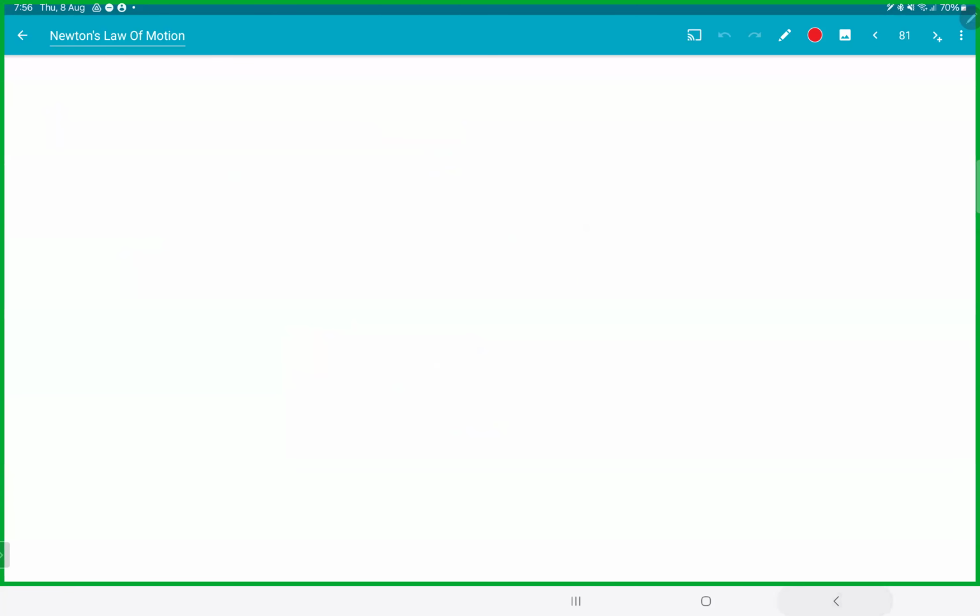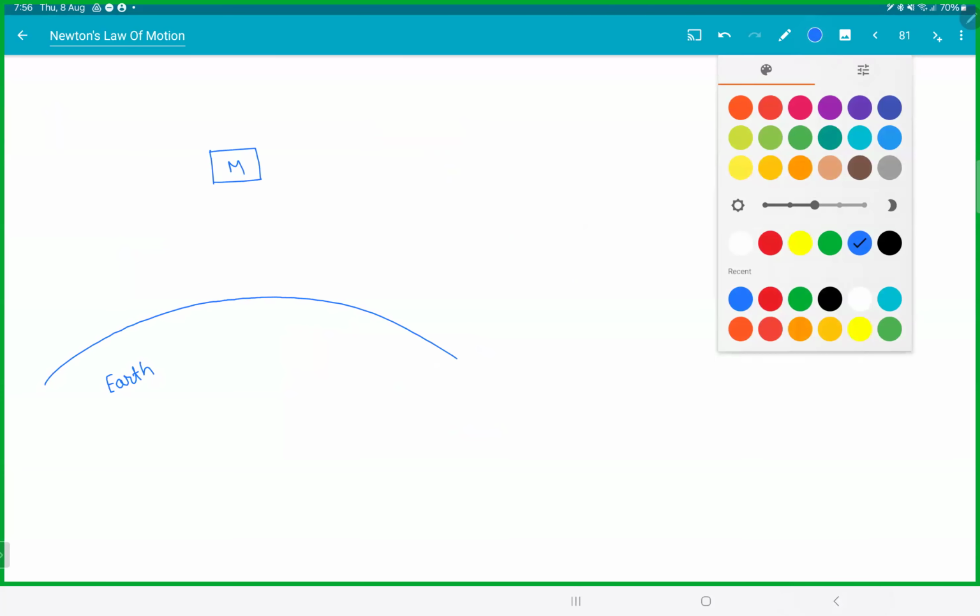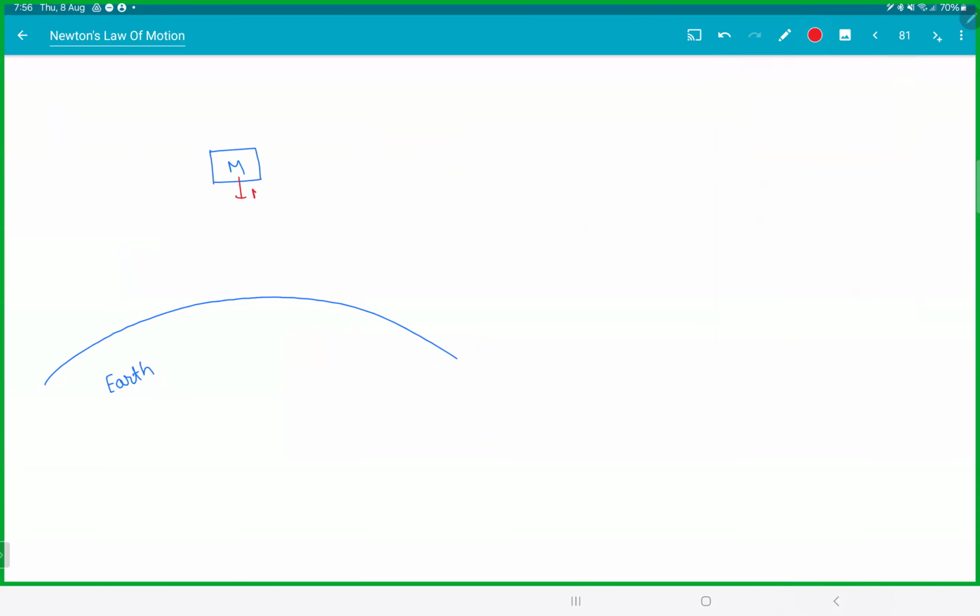See, the thing is, when you take the block here, M, and if you take the Earth, tell me one thing, who's attracting the block? The Earth. So this is the gravitational force on the block due to Earth.